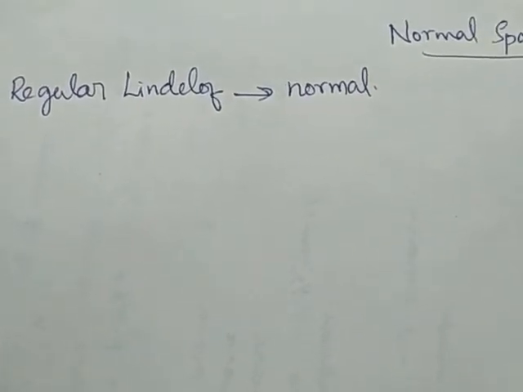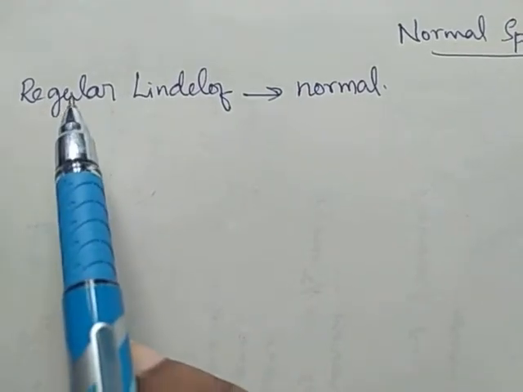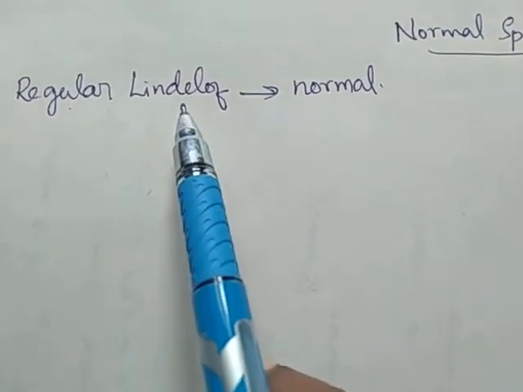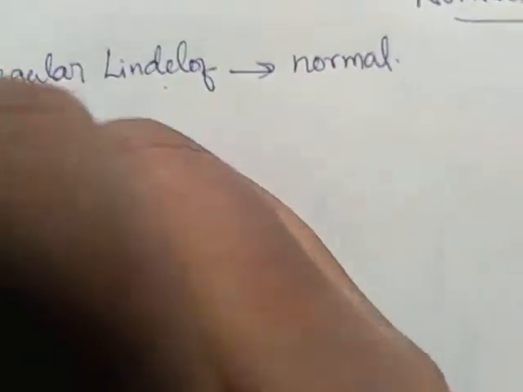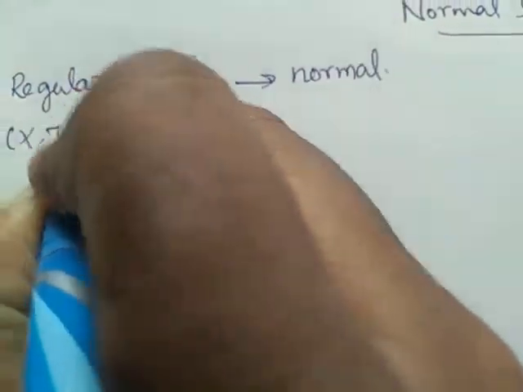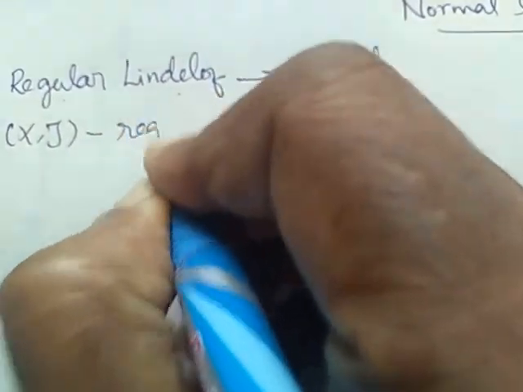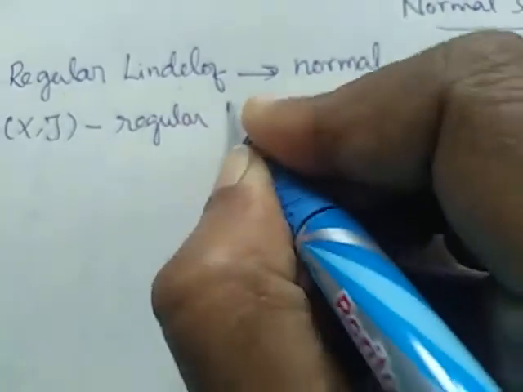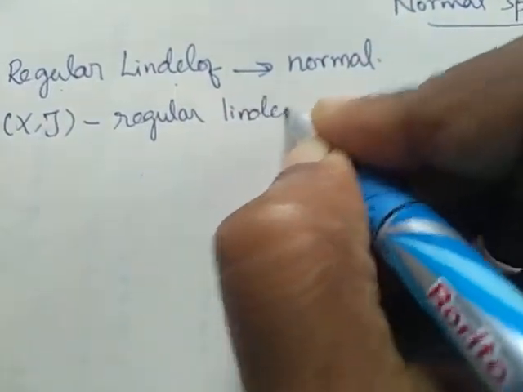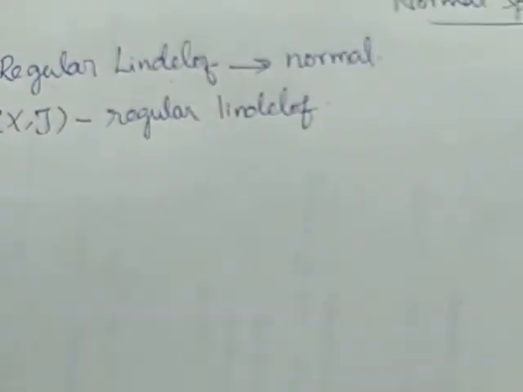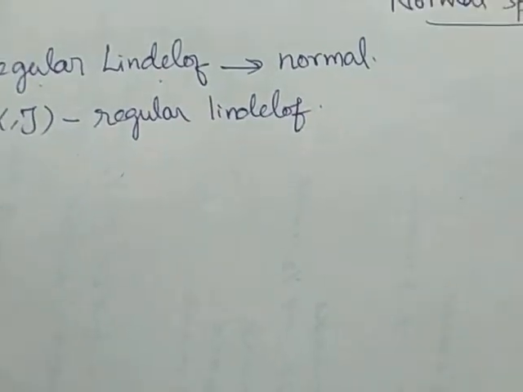So, what is our data? Our data is that we have a regular Lindelof space. So, I am considering (X, tau) as a regular Lindelof space. What is a regular space?